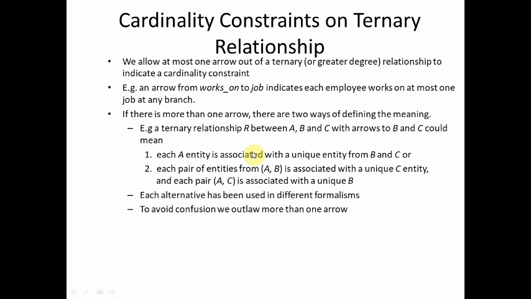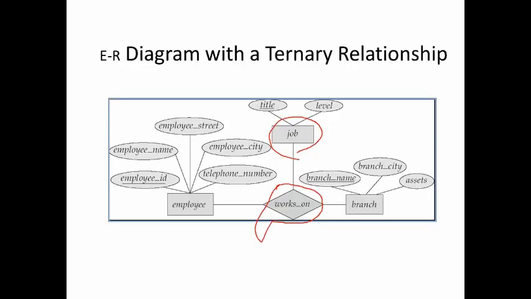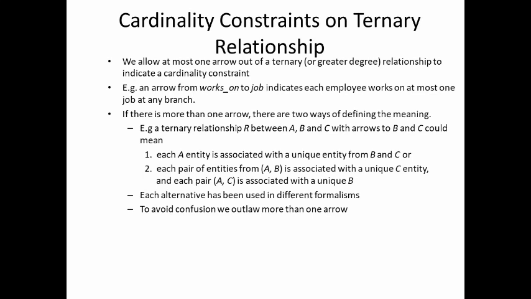So cardinality constraints on ternary can also be set. Example, an arrow from works on indicates each employee works on at most one job at any branch. We are referring to this. So if there is more than one arrow, there are two ways to define the meaning.